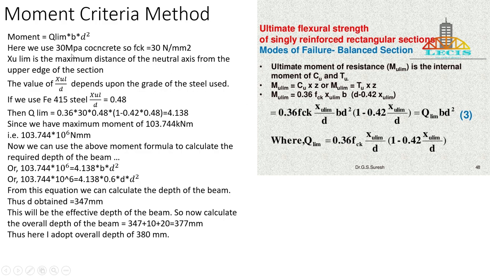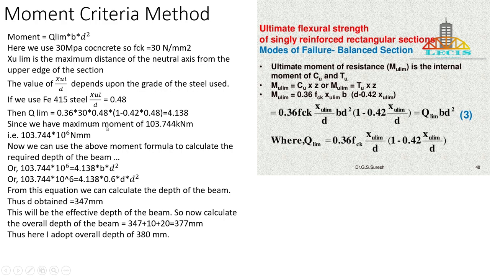If we use 30 MPa concrete, then fck will be 30 Newton per mm square. Xu limit is the maximum distance of the neutral axis from the upper edge of the section. The value of xu limit by d depends upon the grade of steel used. If we use Fe415 steel, then the value of xu limit by d will be 0.48.